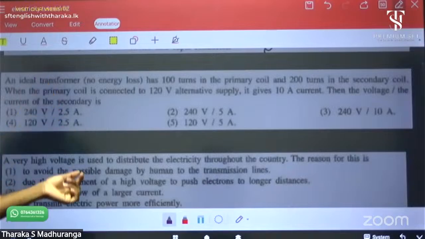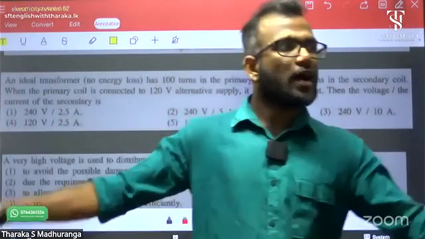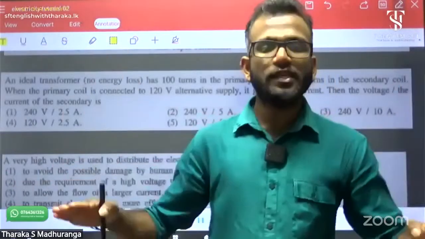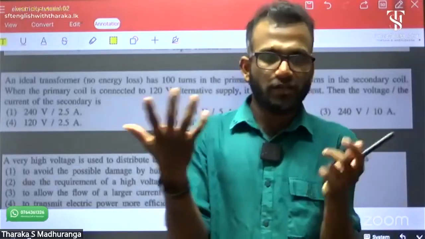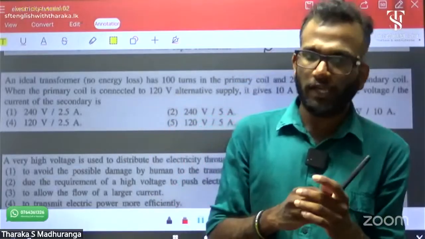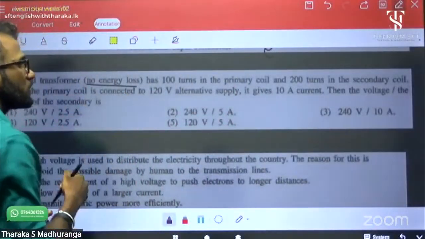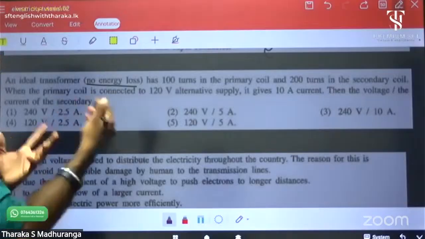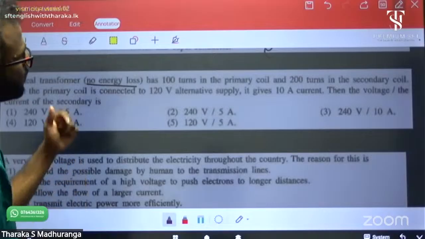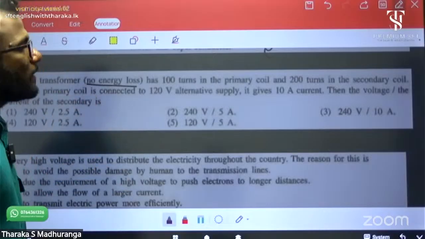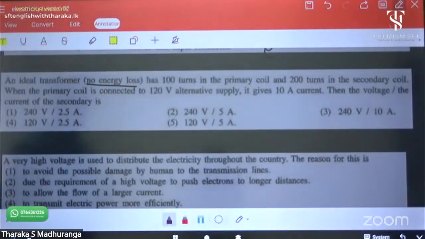Okay, question 4. An ideal transformer. I told you ideal means it's a theoretical term. Practically we don't have ideal transformers. Last week I explained, ideal transformers mean transformers without any energy loss. Practically they don't exist, but theoretically for our calculation purposes we use these terms. It has 100 turns in the primary coil and 200 turns in the secondary coil. This is an exam question, very simple.